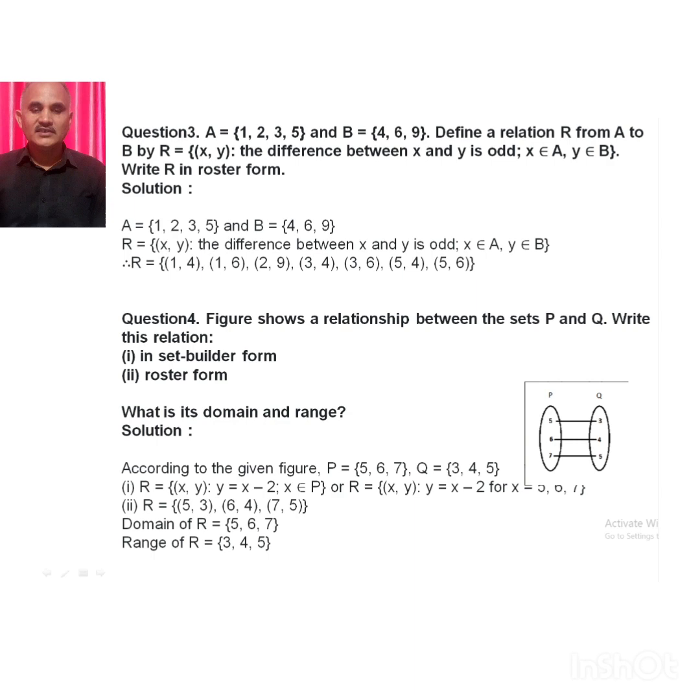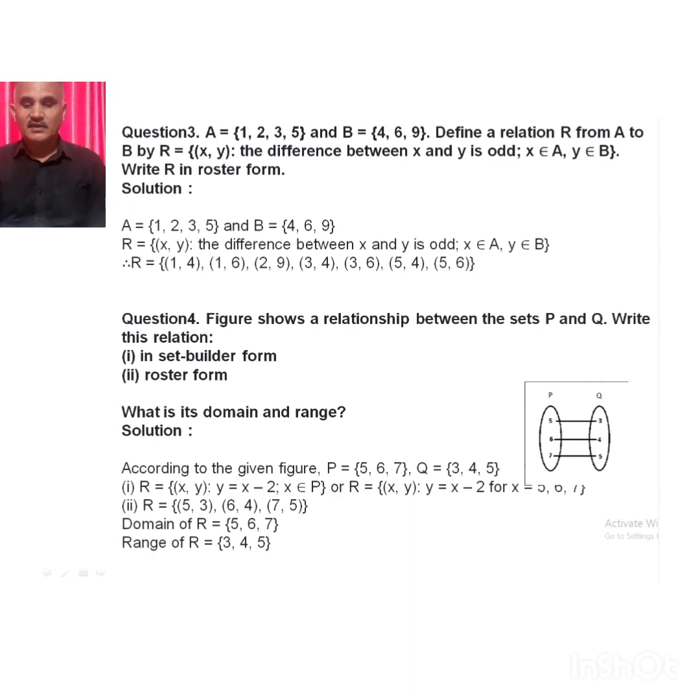The condition is R is equal to (x, y) such that the difference between x and y is odd, where x belongs to A and y belongs to B. That means every element of 1, 2, 3, 5 we consider as x, and 4, 6, 9 we take as B. So the relation we can develop on the basis that the difference between x and y is odd is (1, 4), (1, 6), (2, 9), (3, 4), (3, 6), (5, 4) and (5, 6).